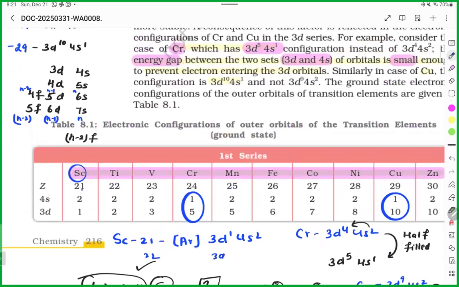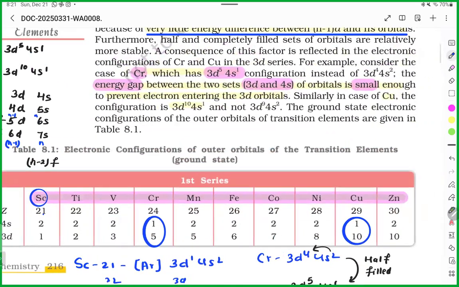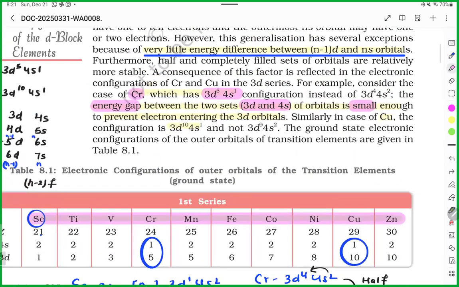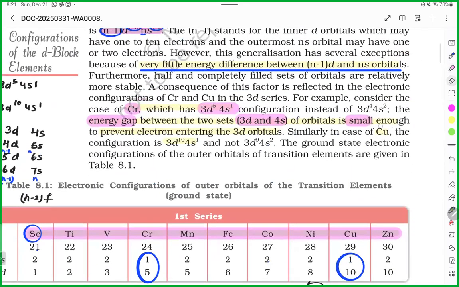Example, look at this. This is what is given in the NCERT also. I will mark this part again and read what NCERT gives. Consider chromium, this electronic configuration.